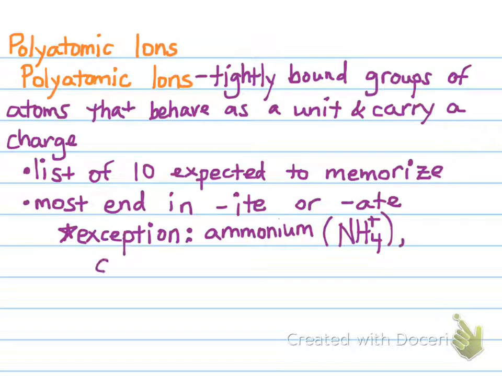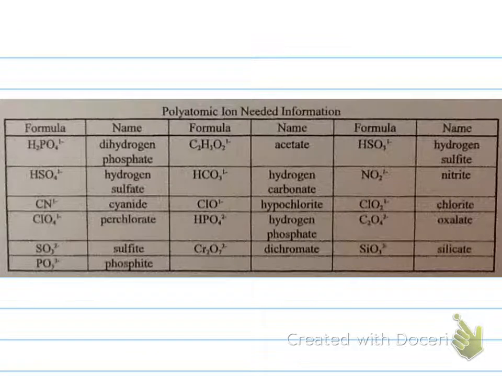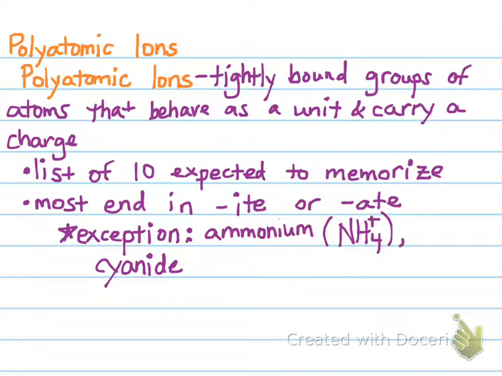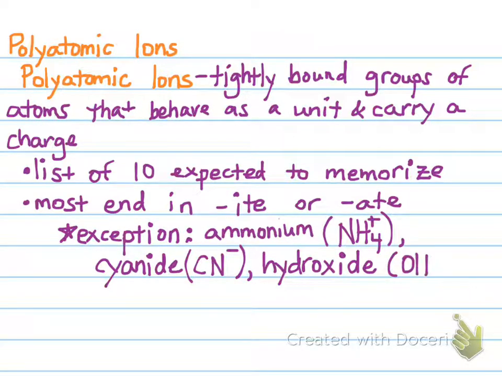Another exception is cyanide, which you don't have to have memorized, but is here on your helper sheet. Right here, cyanide. It's CN with a charge of -1. And then hydroxide, which is one that you have memorized, which is OH with a -1 charge.